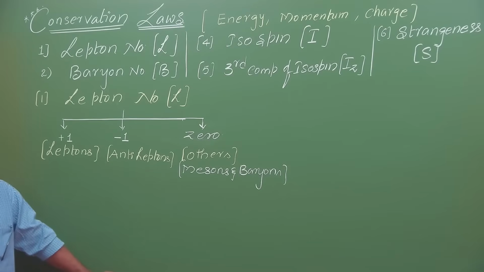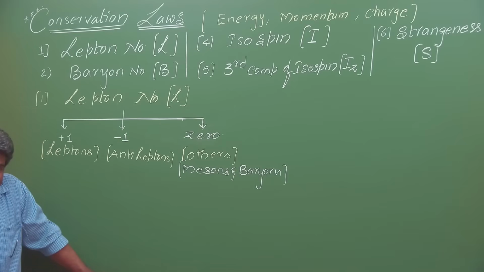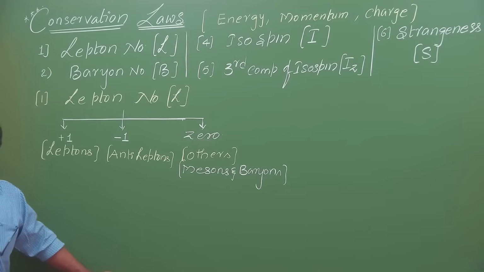If you have an electron on one side, you must have the same electron family or antiparticle family on the other side. For example, this side electron is there, that side mu is there. Some textbooks or some materials are writing simply L equals 1 on this side for the electron, 1 on that side for the mu, both are conserved, lepton number is conserved. Absolutely wrong.